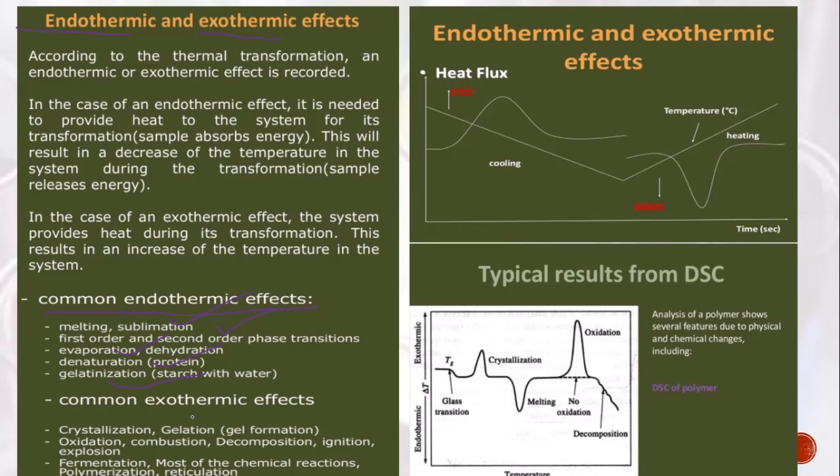Then we also have exothermic effects, for example with crystallization, oxidation, combustion, fermentation, polymerization, etc. That way we are able to check whether the sample system was gaining energy or releasing energy.